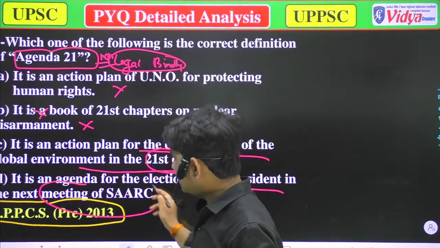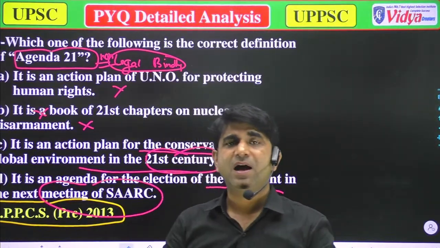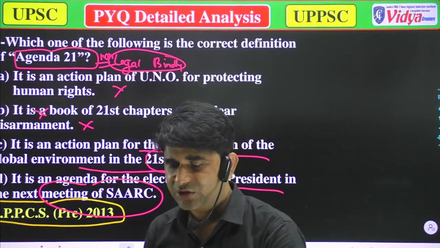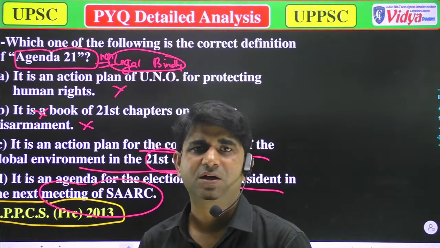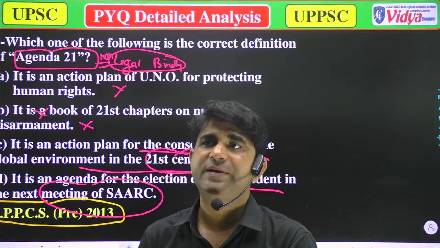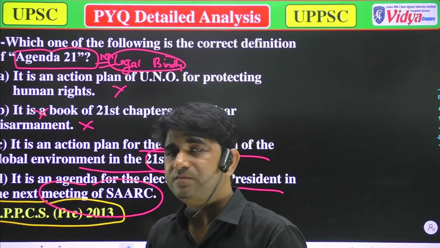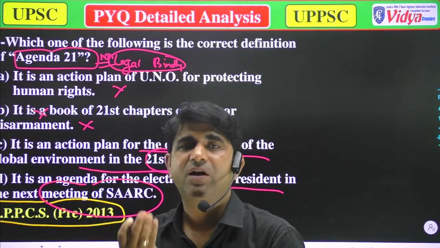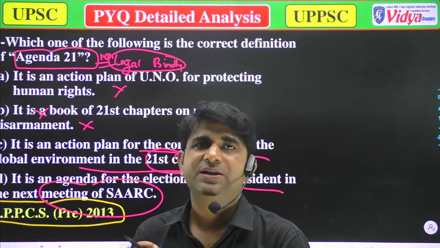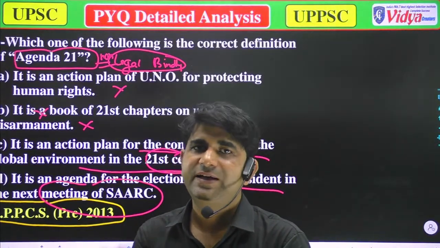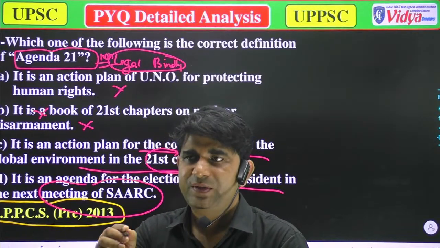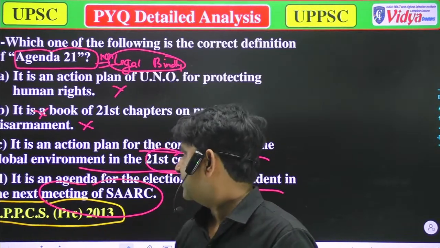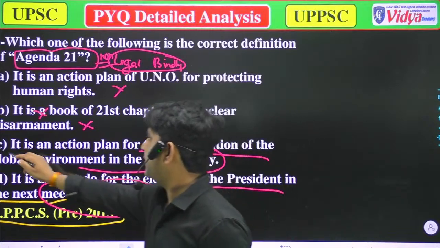Do you think there is a need to ask a question on the election for the SARC? No, it's impossible, because no one is caring about the SARC. If you have common sense, then I'm sure you can eliminate the incorrect options. And if you can eliminate even one or two options, you will be near the correct option. So the correct option will be option C.